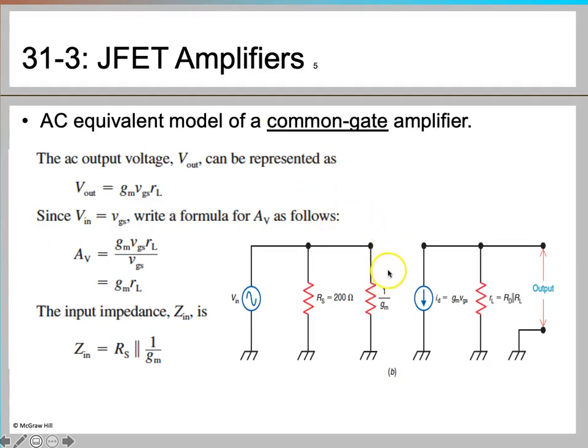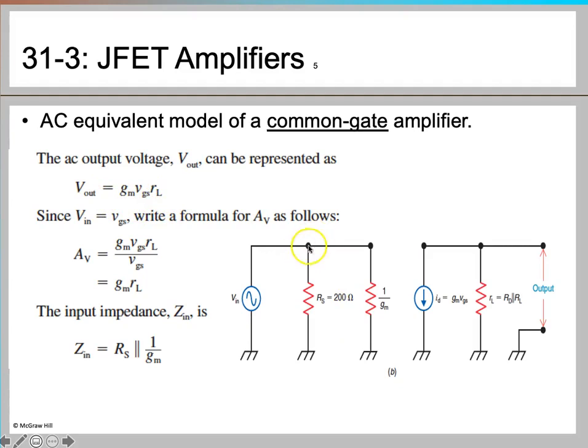Now let's see how we can calculate the voltage gain in this particular case. The output voltage is basically the voltage across this branch RL, and that will be ID RL, and ID is gm VGS, so Vout is gm VGS RL. Now the question is, what is the input voltage here?